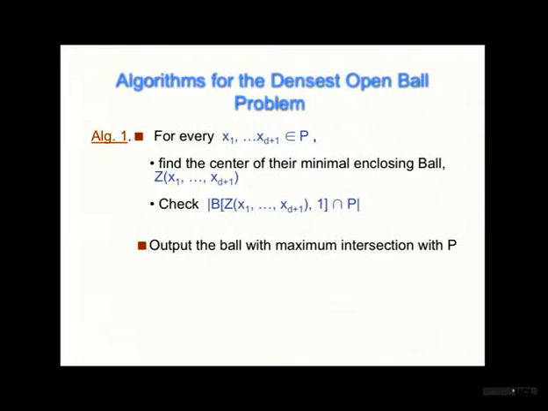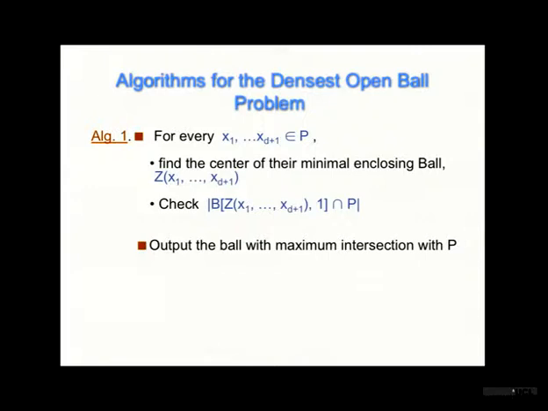Go over all balls defined by d plus 1 points, and just see which of them captures the maximum number of points. This algorithm is guaranteed to give you the right answer, because every ball in R^d, no matter how many points it captures, is defined by at most d plus 1 of these points. So if I go over all d plus 1 tuples, I consider all candidate balls. And then you output the ball with maximum intersection with P.